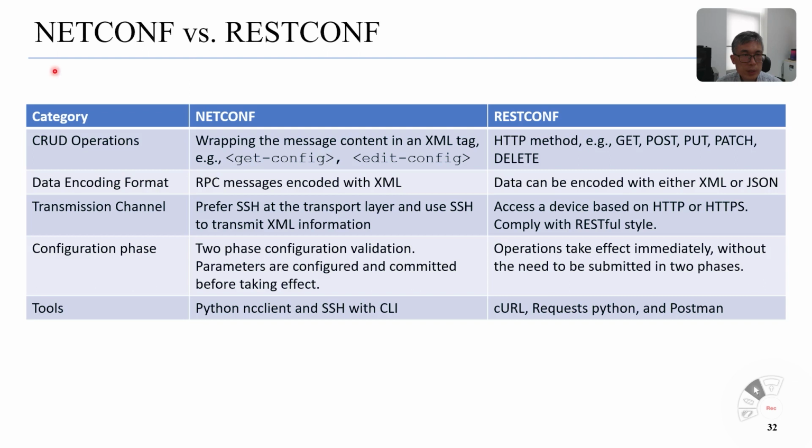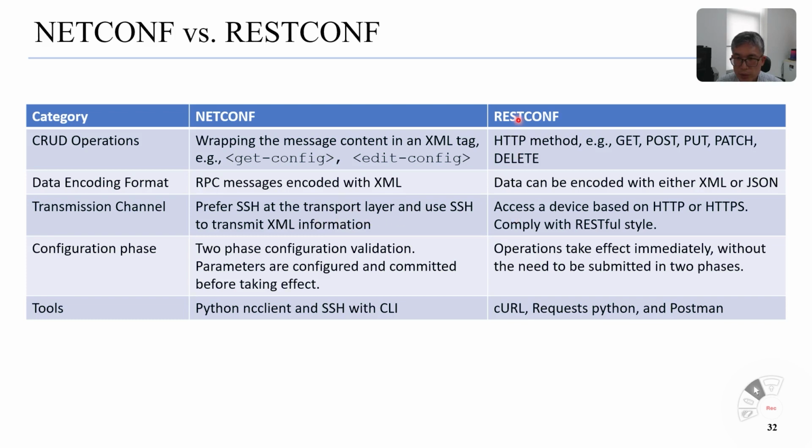This table compares NETCONF and RESTConf. The basic concept is the same: they provide CRUD, create, read, update, delete operations. NETCONF uses get-config or edit-config. On the other hand, RESTConf uses HTTP methods like get, post, put, patch, delete. NETCONF encodes using XML, while RESTConf supports XML or JSON. For the transmission channel, NETCONF uses SSH, secure shell, at the transport layer.